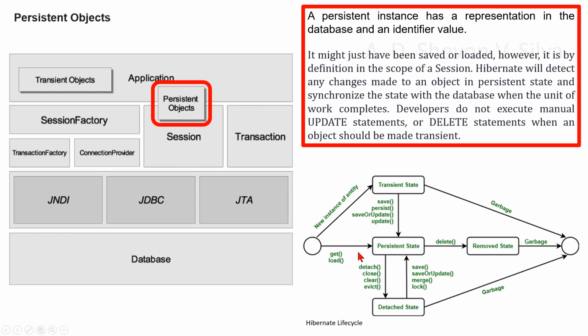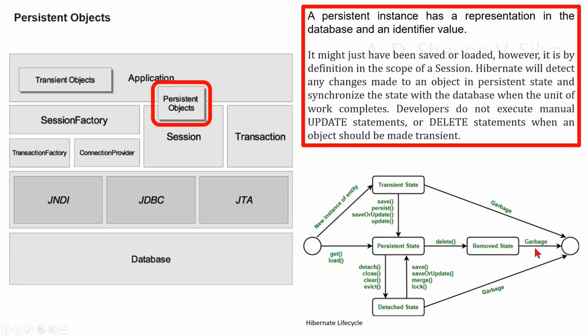Get and load methods are passed to persistent state. Transient state is connected to removed state. The delete method is passed from persistent state to removed state.